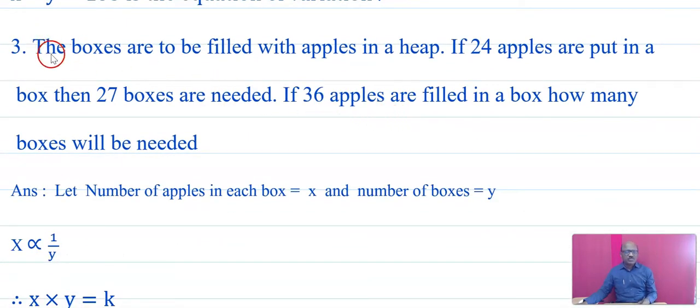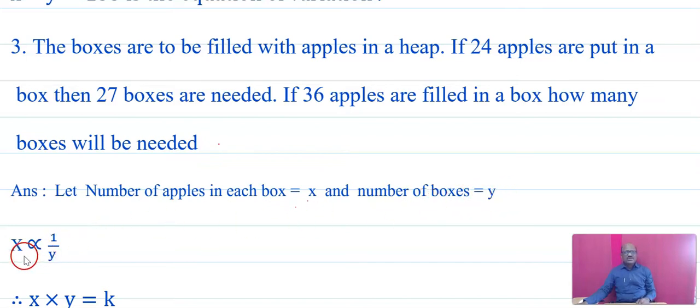Now the next problem. The boxes are to be filled with apples in a heap. If 24 apples are put in a box, then 24 boxes are needed. If 36 apples are put in a box, then how many boxes will be needed? Now see here. The number of apples in each box is x, and y is the number of boxes.